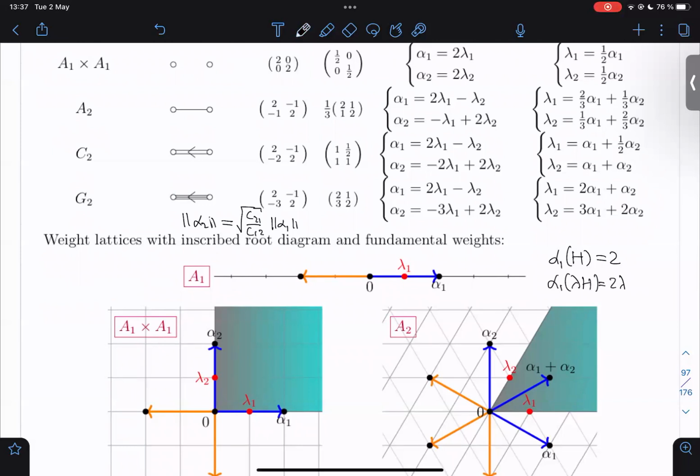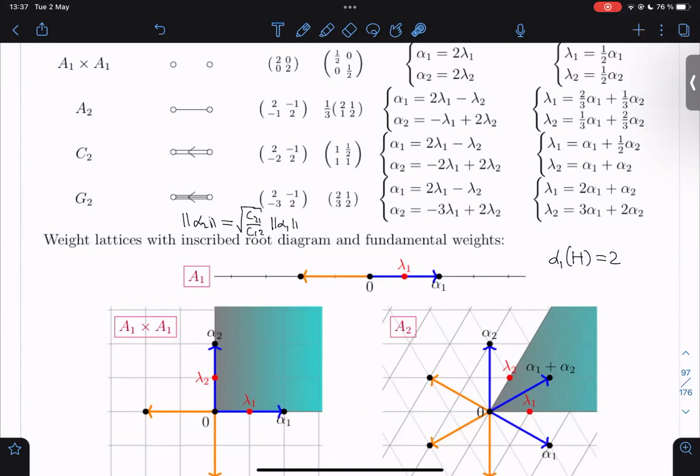If you know the definition of alpha 1 on a single element, then you know what it is on the one-dimensional span, the subspace spanned by this element, namely the Cartan subalgebra itself. So we could talk about this functional alpha 1, but really it's associated to this number 2 that we were working with before.